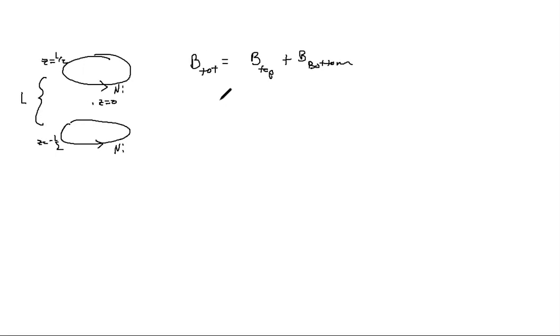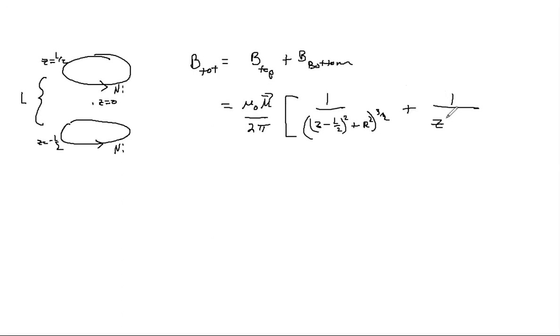So the formula for this must be mu naught times mu vector divided by 2 pi, and then I must have 1 over (Z minus L over 2) squared plus R squared, to the 3/2, plus 1 over (Z plus L over 2) squared plus R squared, to the 3/2.